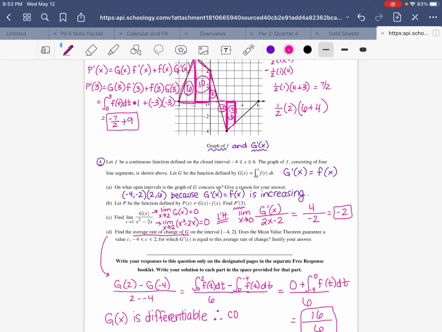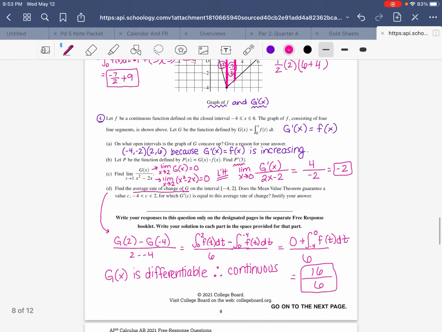And therefore, it must have been continuous. So because of that, I can say, yes, mean value theorem guarantees C. I could be a little more specific on -4 to 2.